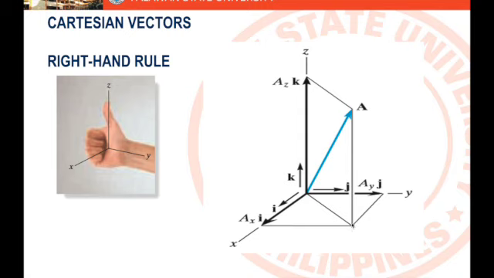Now you can imagine that our x and y axes are just in this plane. I hope you can follow and imagine that this is the plane of our x and y axes. Now we added another axis called the z axis, and the z component of A would be the magnitude Az.